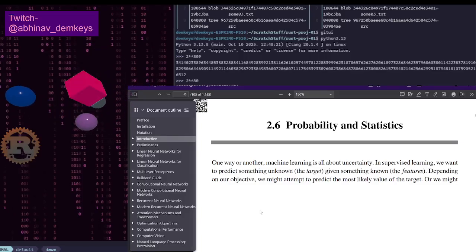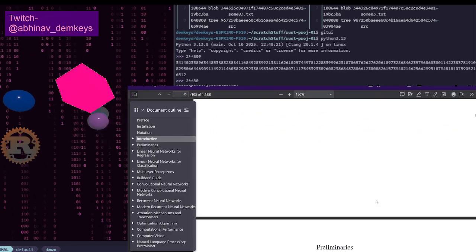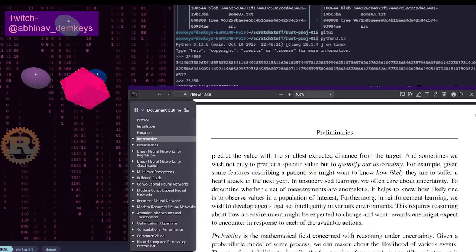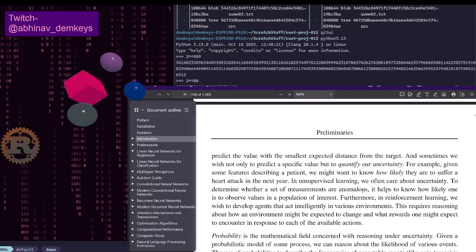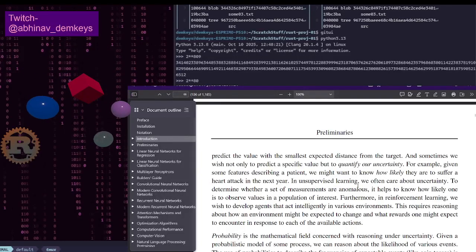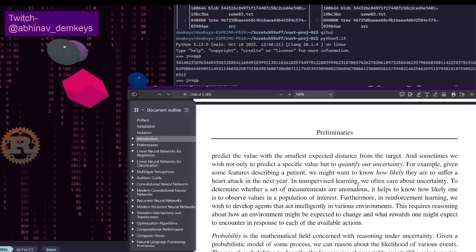Depending on our objective, we might attempt to predict the most likely value of the target, or we might predict the value of the smallest expected distance from the target. And sometimes we wish not only to predict a specific value, but to quantify our uncertainty. For example, given some features describing a patient, we might want to know how likely they are to suffer a heart attack in the next year.